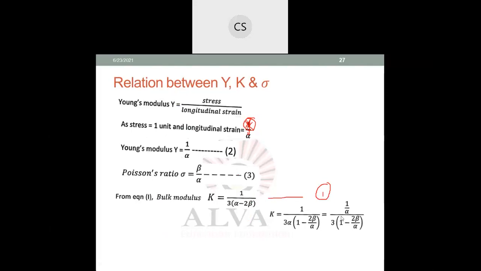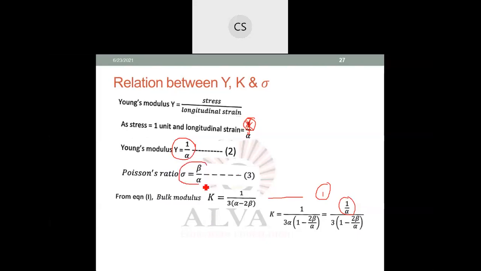So then rewrite that alpha, you take it to numerator, so therefore the term becomes 1 by alpha divided by 3 into 1 minus 2 beta by alpha. So now it is simple. What is 1 by alpha? 1 by alpha is nothing but Y, Young's modulus. What is beta by alpha?